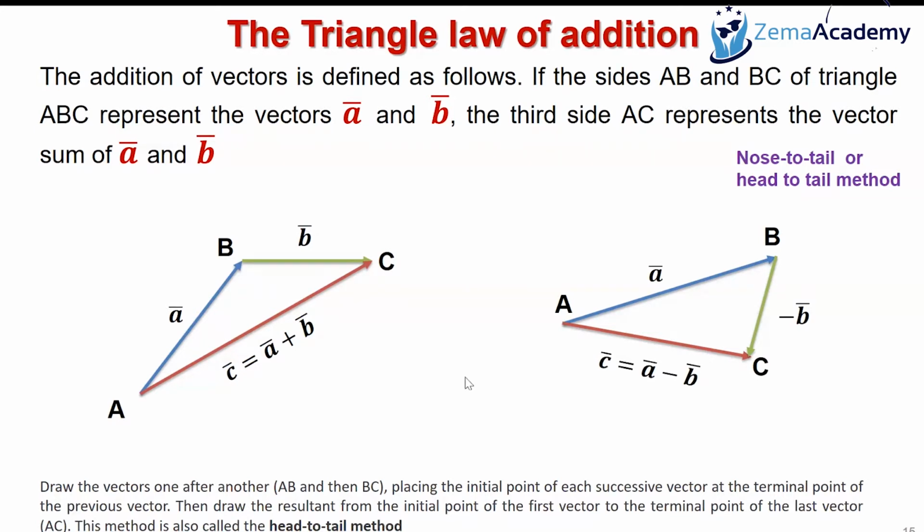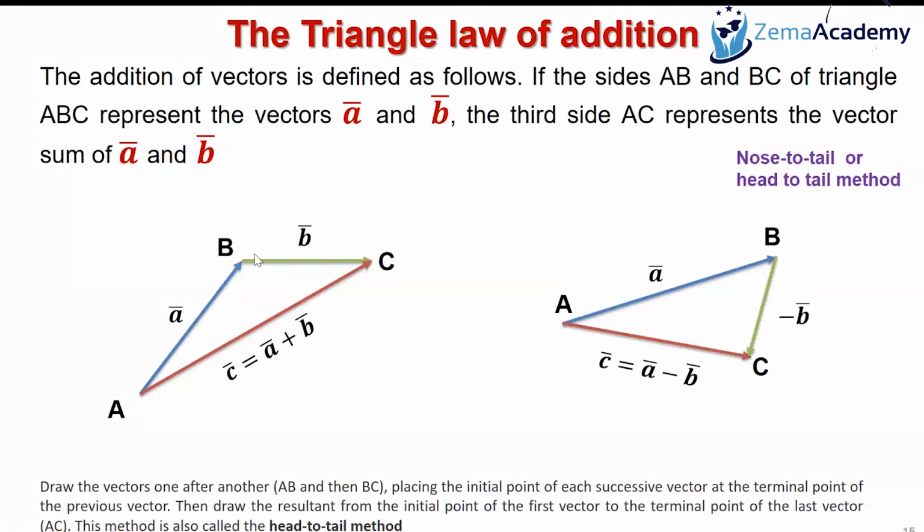In this case, I have taken the example I showed earlier: there is a vector A, starting at point A and ending at point B, and there is another vector B, starting from point B and going on to point C. Both these vectors are indicated by A bar and B bar, and if you are interested in finding the resultant, you add both these vectors up.